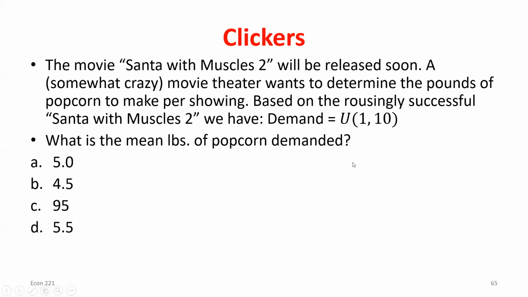Right? If I think about it too, the uniform distribution tells me the minimum and the maximum. 95 shouldn't make any sense here. That mean or expected value should be somewhere in the middle of your minimum and maximum. But the real process we use is just add those two values up, divide by 2. Find that middle number. Okay?